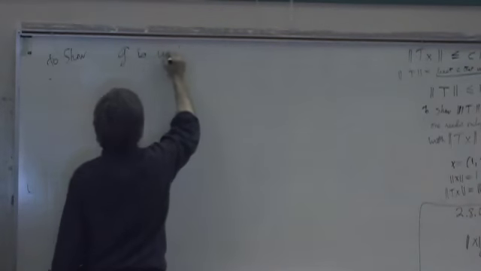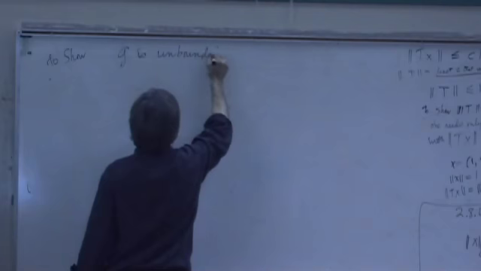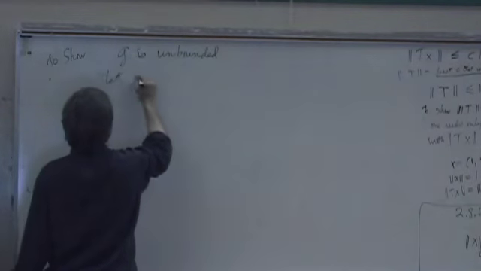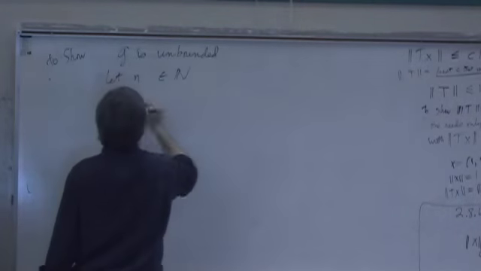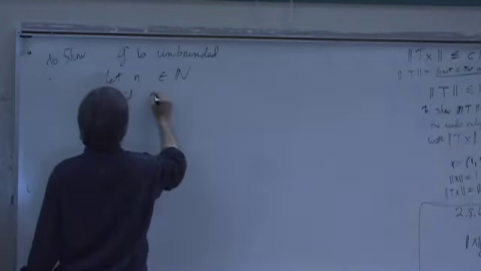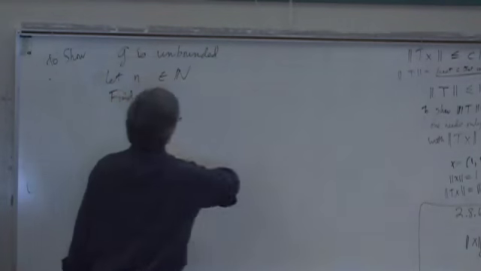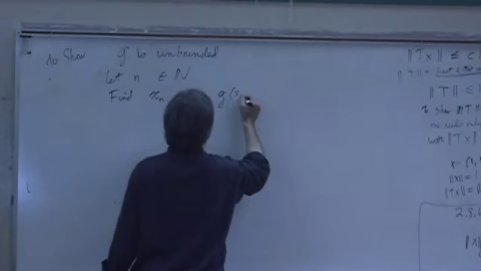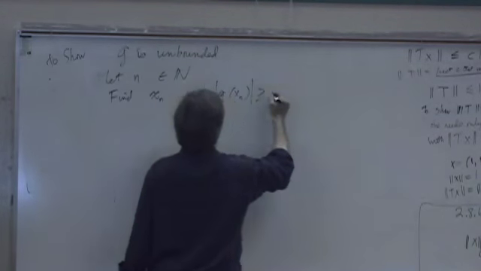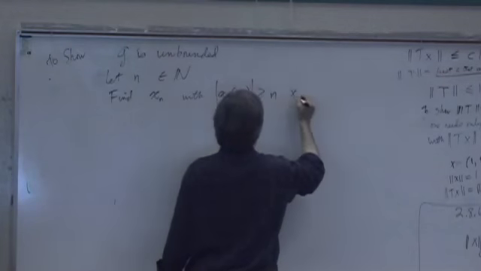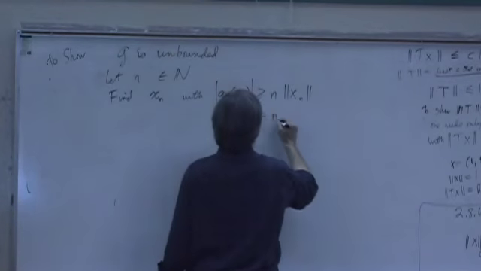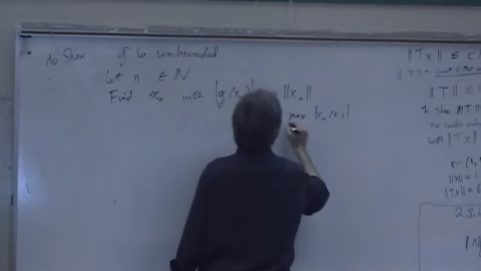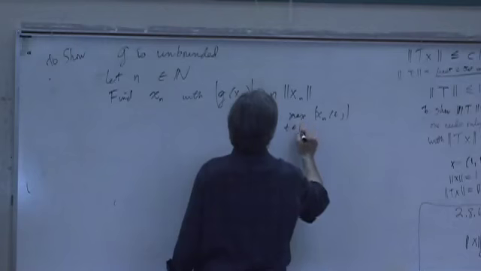G is unbounded. Let N in the natural numbers, find X sub N with the absolute value of G of xn greater than or equal to N times the norm of xn, where this is equal to N times the max of xn of t in [0, 1].